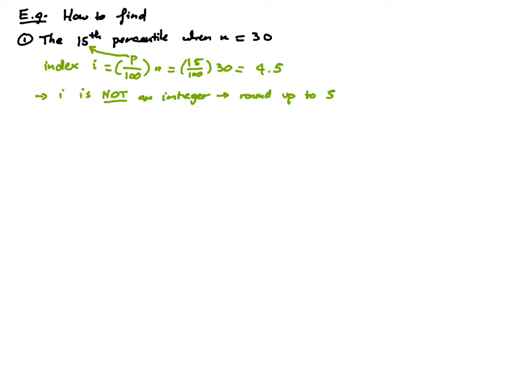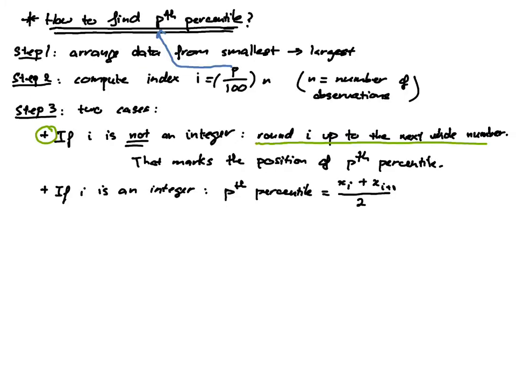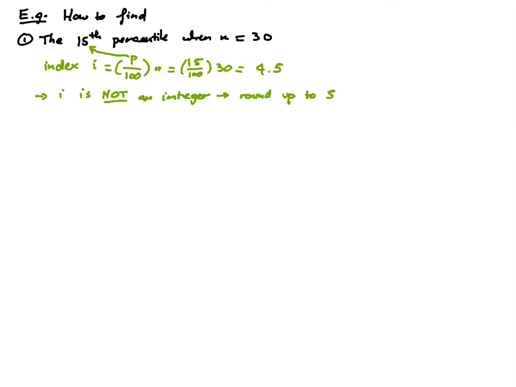The number you round up to marks the position of the p-th percentile. It is not the p-th percentile itself. So we round up to 5, and the 15th percentile is going to be equal to the 5th observation in the data set, which is x sub 5.